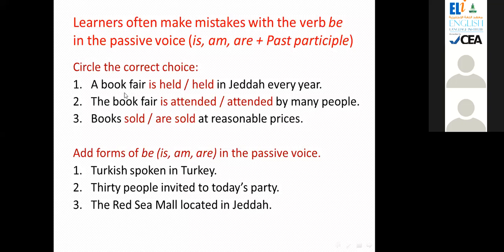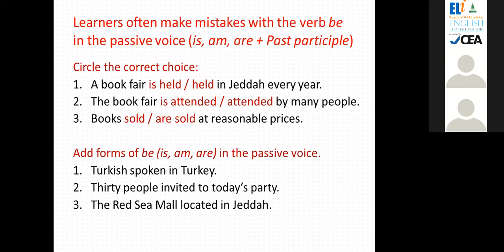Is held. A book fair is held in Jeddah every year instead of "held". To make sense of the passive voice, the book fair is attended, excellent, by many people. Books at reasonable prices are sold because this gives us the sense of the passive voice.